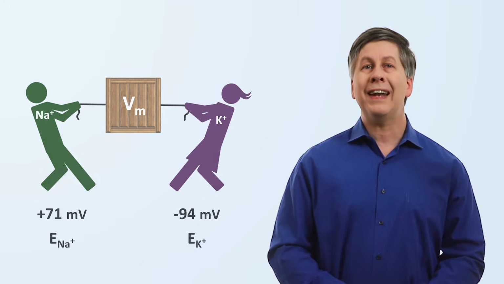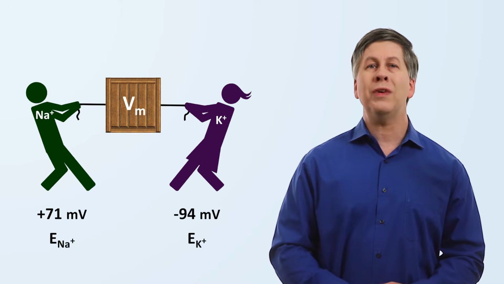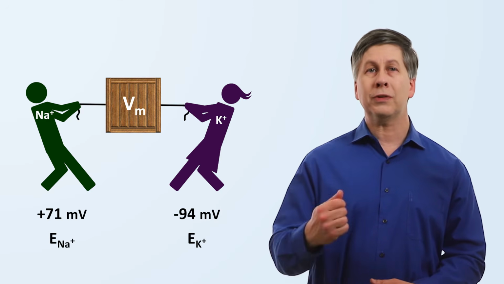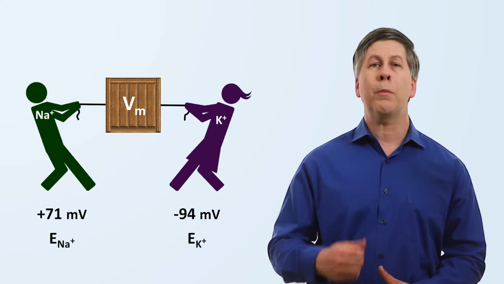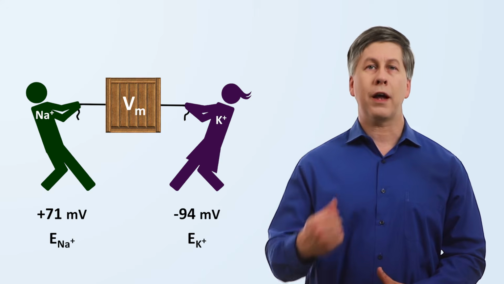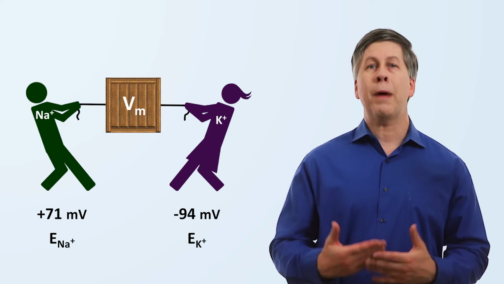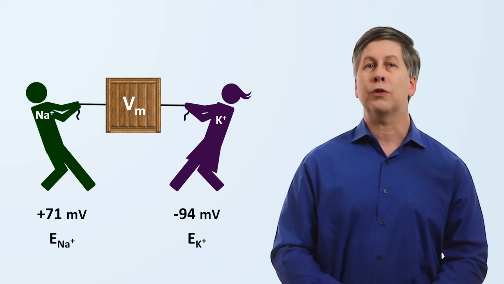Does that mean that both ions cannot be in equilibrium at the same time? And that's correct. Each ion has a tendency to pull the cell's overall membrane potential towards its own equilibrium potential, in which the contribution of each equilibrium potential is related to the permeability, that is, the conductance, of the membrane for that ion. The higher the conductance for an ion, the closer the membrane potential will be to that ion's equilibrium potential.